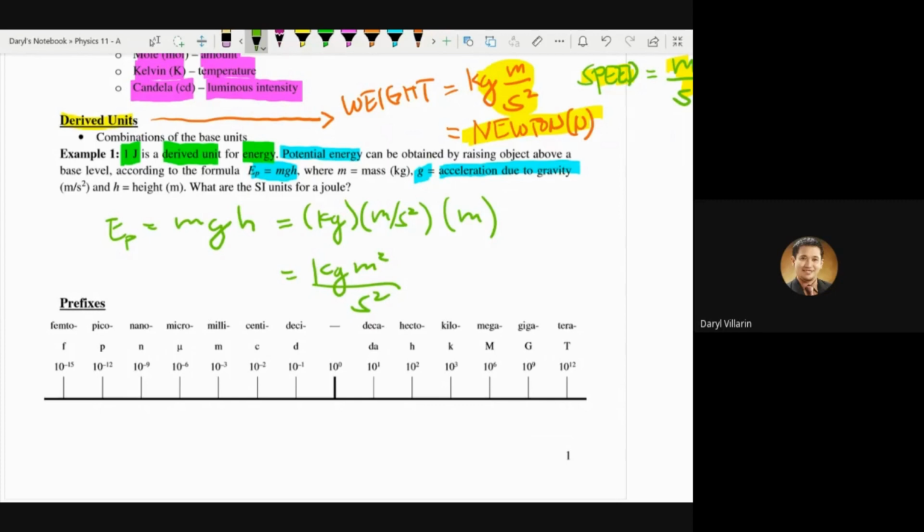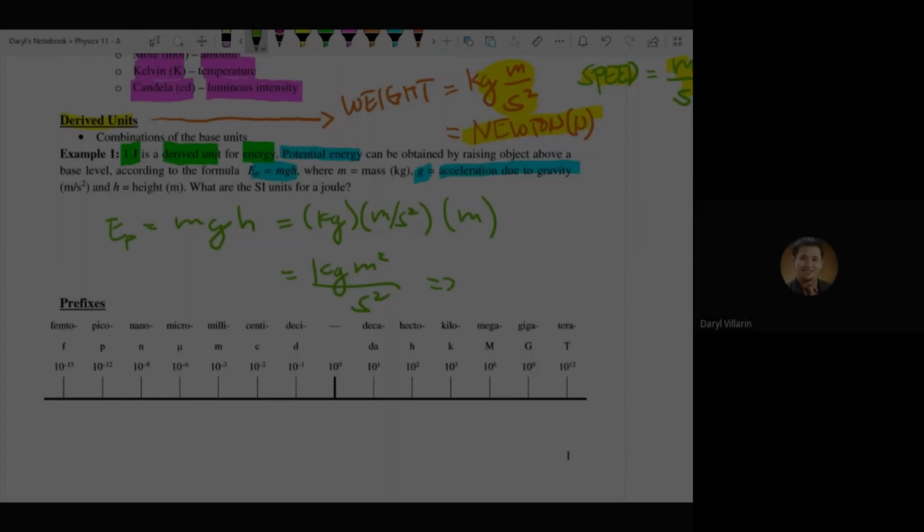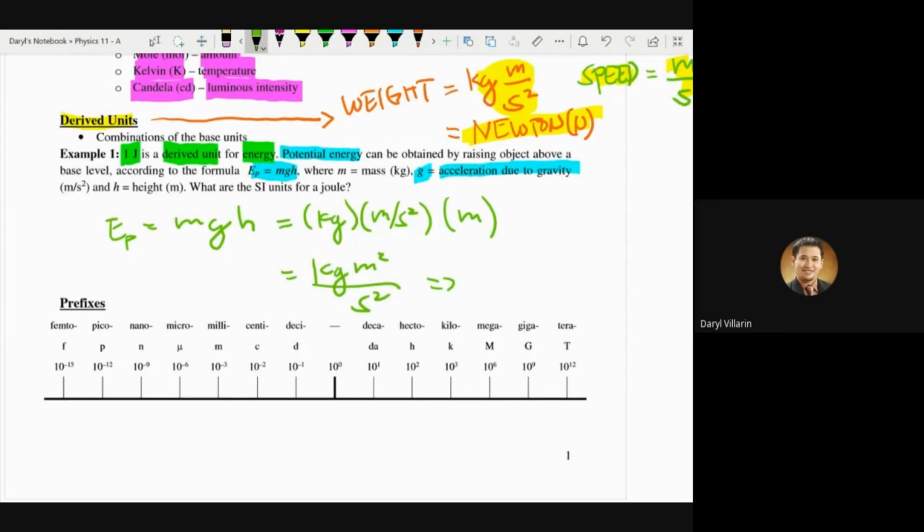Therefore, a joule is defined as equivalent to this. We say that 1 joule, or 1 J, is equivalent to 1 kilogram meter squared per second squared. So 1 joule, in accordance with our base units stated above, is a combination of kilogram, meter, and seconds.